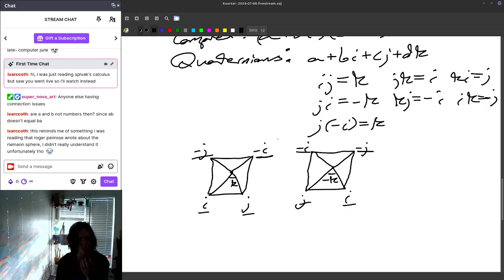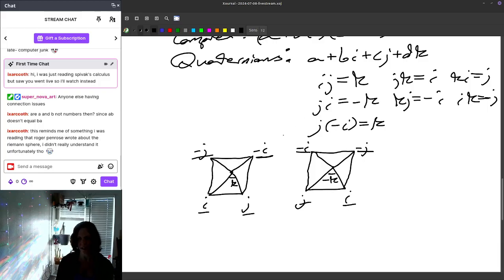I'm not sure specifically what you remembered or what you might have read about the Riemann sphere, but of course the Riemann sphere is a way of thinking of the complex numbers, plus a point at infinity. And perhaps you could think about the quaternions similarly if you added a point at infinity.